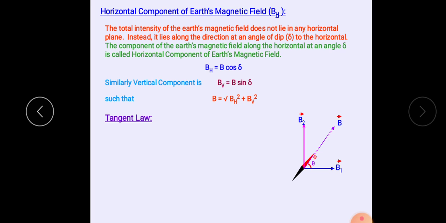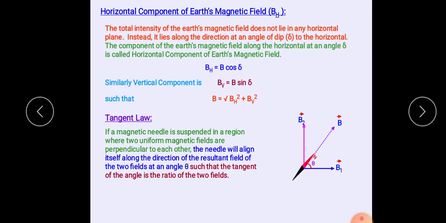Their resultant is B. Then this law states, if a magnetic needle is suspended in a region where two uniform magnetic fields are perpendicular to each other, the needle will align itself along the direction of the resultant field of the two fields at an angle theta, such that the tangent of the angle is the ratio of the two fields. That means tan theta equals B2 upon B1.